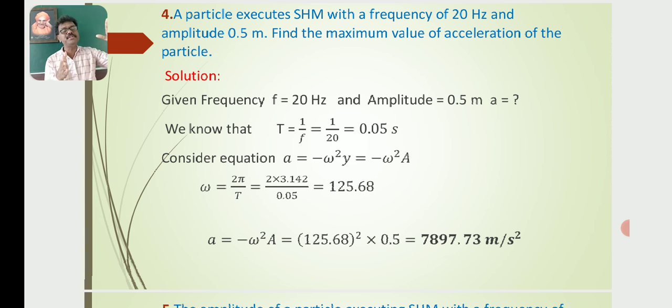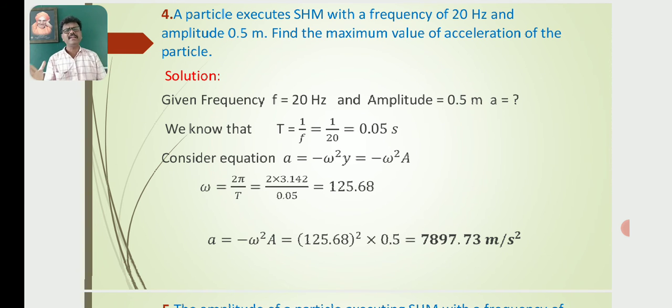At the extreme position, the displacement of the body is y is equal to A. Then small a is equal to omega square into capital A. Here small a indicates acceleration, capital A indicates amplitude.